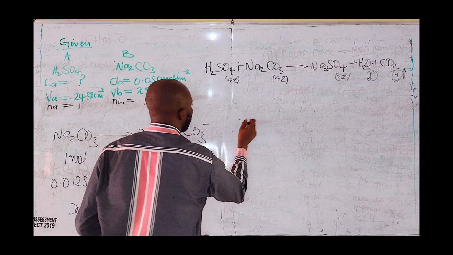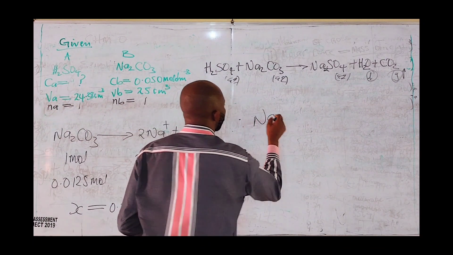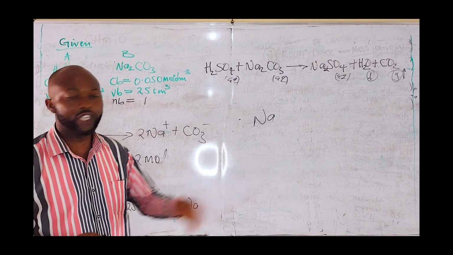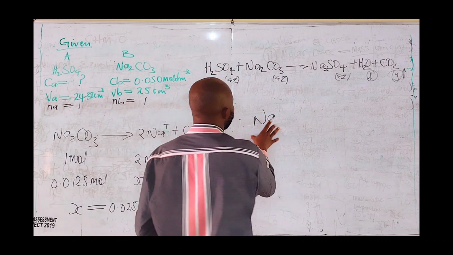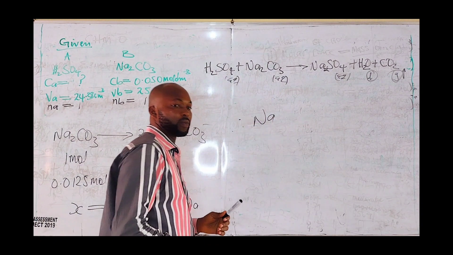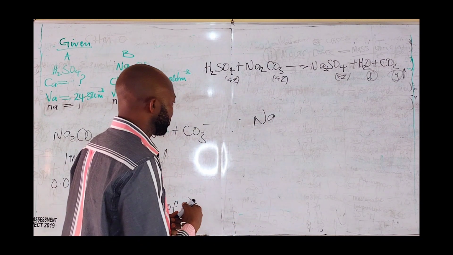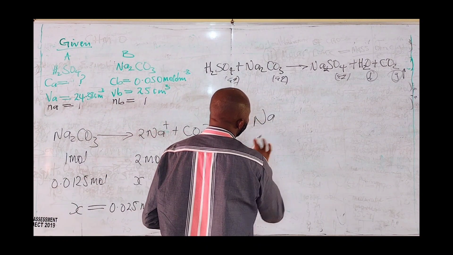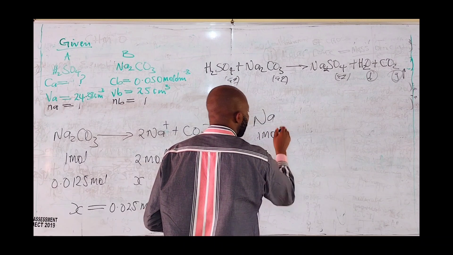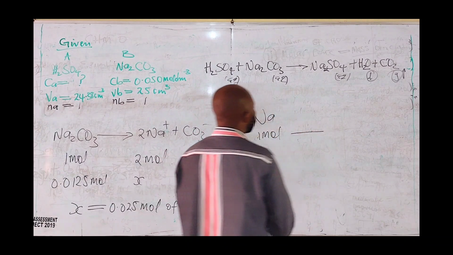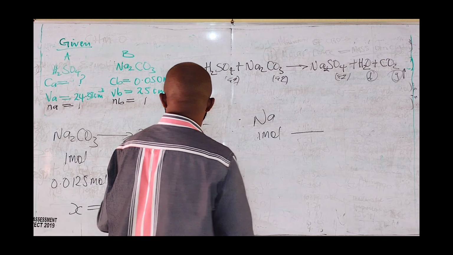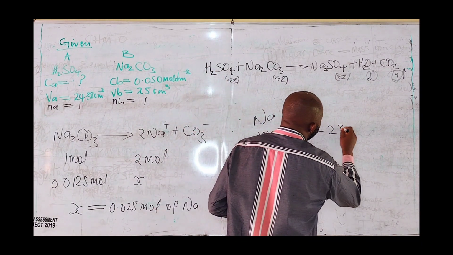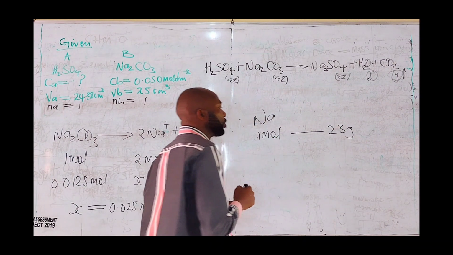Therefore, remember this is our sodium. We are looking for the mass now. So now we are moving to the mole-mass relationship. So I will say the relative atomic mass of sodium is 23 grams. So 1 mole of this is equal to what? Since we are dealing with the mass-mole relationship, I start with 1 mole of this is equivalent to 23 grams of sodium.